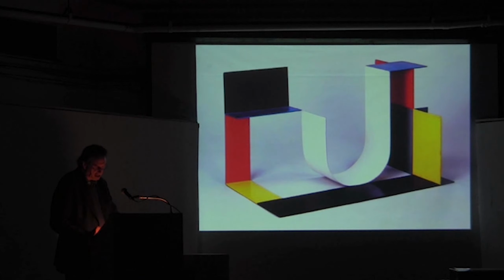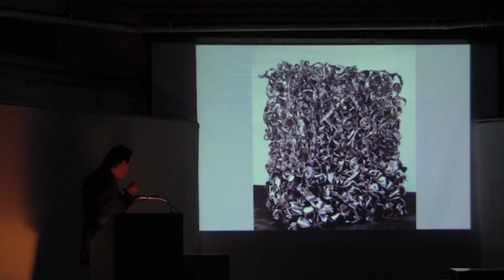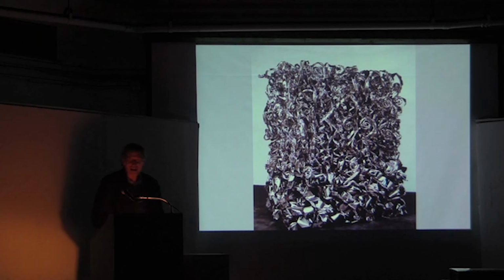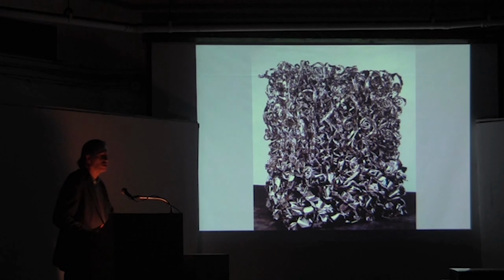Next is Chamberlain. I would say a cruel and mean texture. The piece is made out of torn, ripped, sawn pieces of stainless steel, and it's collapsed into a cube that is approximately 6.5 feet high.